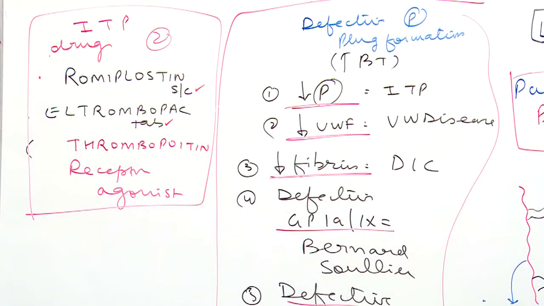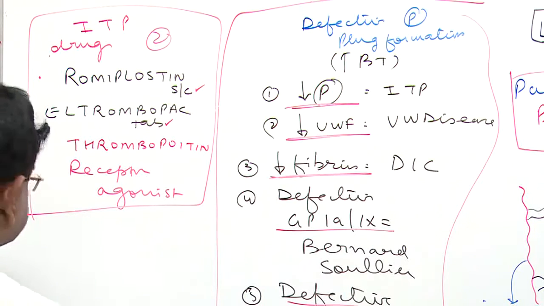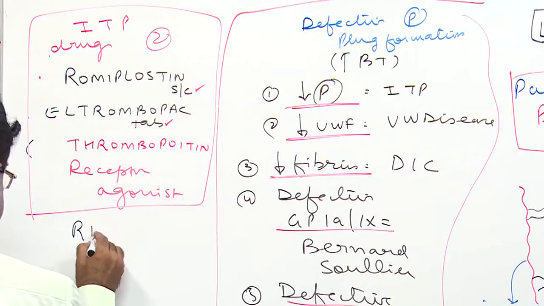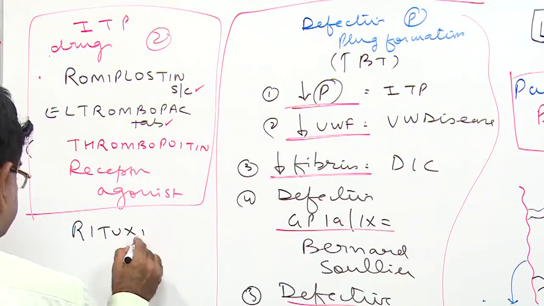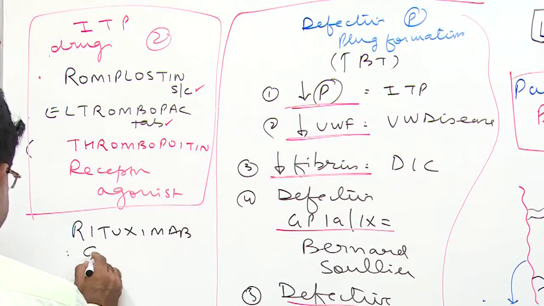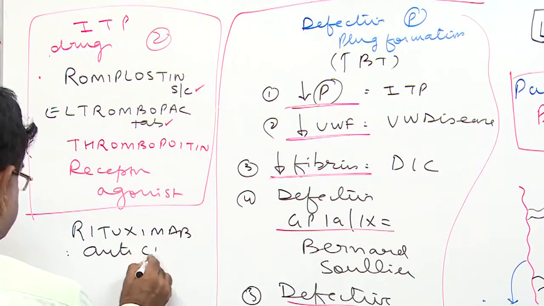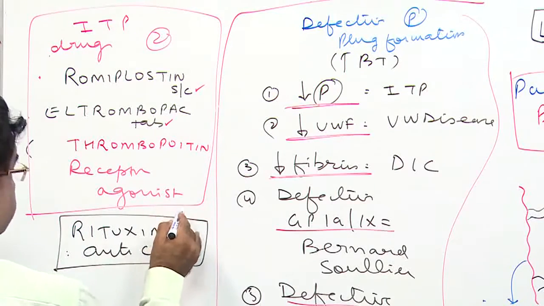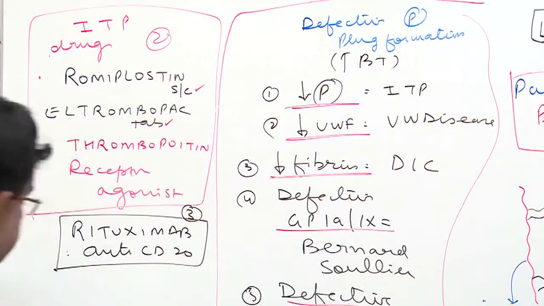Then we have rituximab, which we discussed earlier, a new anti-CD20 drug we use in the treatment of ITP also.